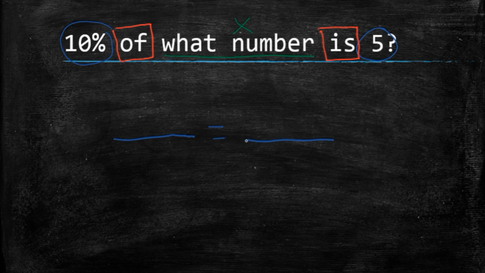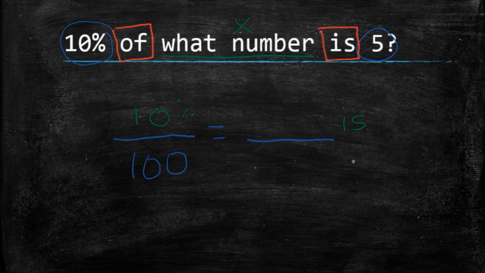So there you have your fraction bars and your equal sign, and you're going to put your 100 there. We know that we have 10%, so I have 10% there. You don't have to put the percent sign when you're solving this, but I did just to show you that that's where I got that number. So 10% of what number?